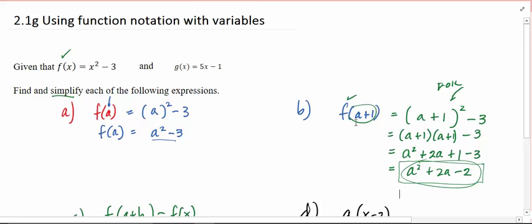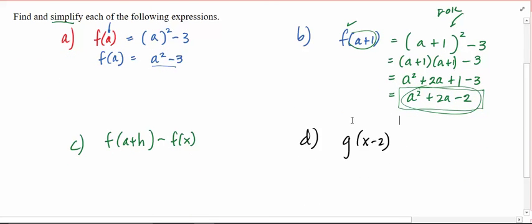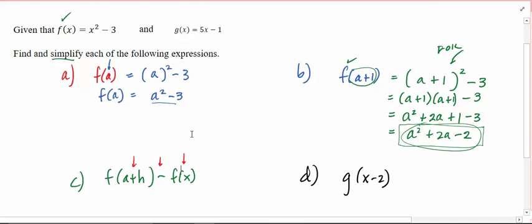Now, they're going to continue to make it weird for us, and we're going to continue to just do what it says to do. They're saying, now take the f function and put in a plus h. Then put a subtraction, and then just subtract the regular function f. So here we go. Let's go back to what the function looks like. There it is.